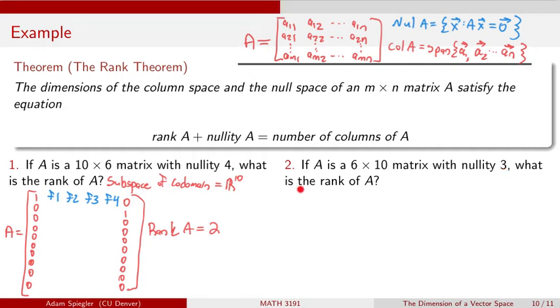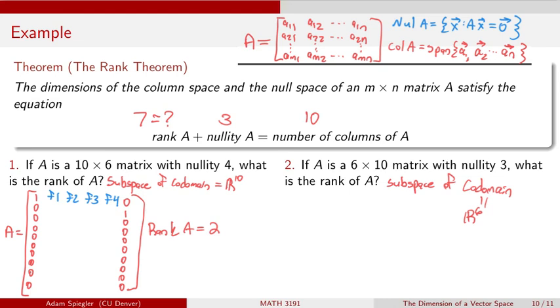And we want to figure out, well, what is the rank of matrix A? And so you might be thinking, well, let's just use this rank theorem above, which says, I don't know what the rank is, that's what we're being asked, but I do know the nullity is 3, and we have 10 columns. So according to this formula, we're going to say that the rank of A is equal to 7.